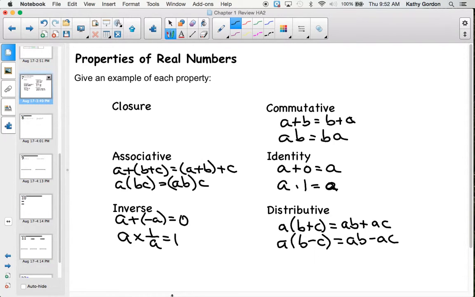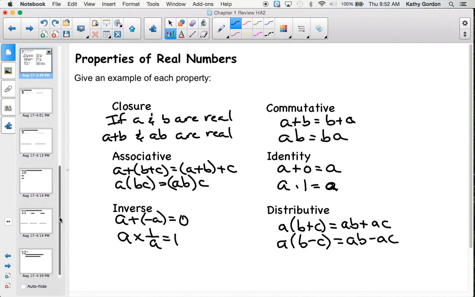So that's what the closure is. So if A and B start out as real numbers in the first place, then adding them together or multiplying them together has to give me a real number as a result. Okay?